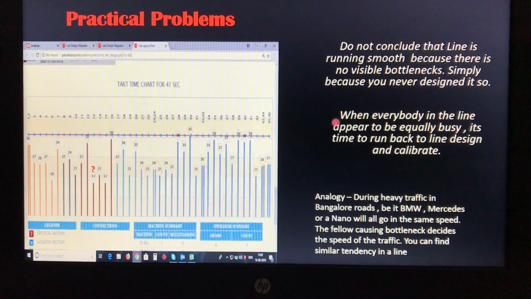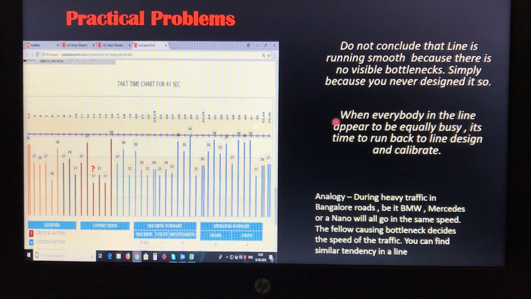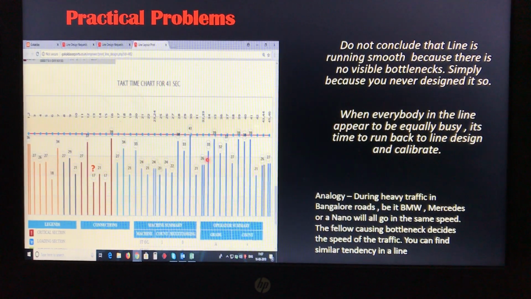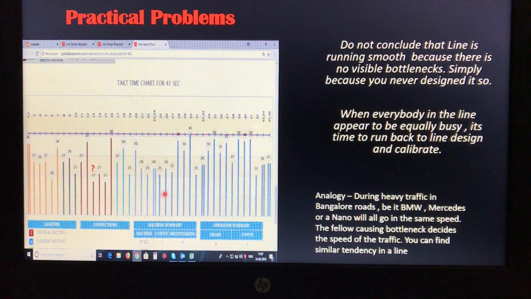Practical problems faced while implementing line design is something which is very key in this video. If you see this line design, every bar is unique. Even though all the operators are below takt time, each one has their own SAM.